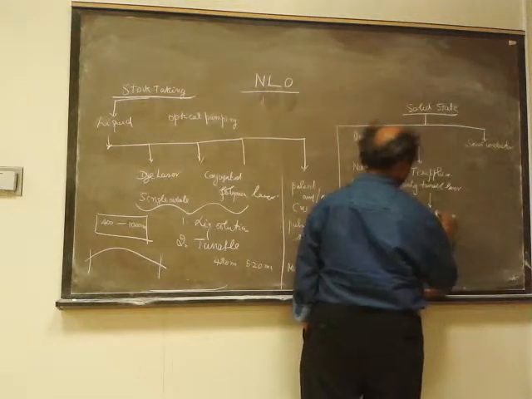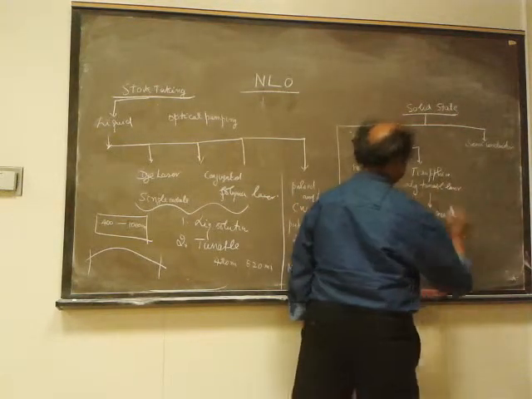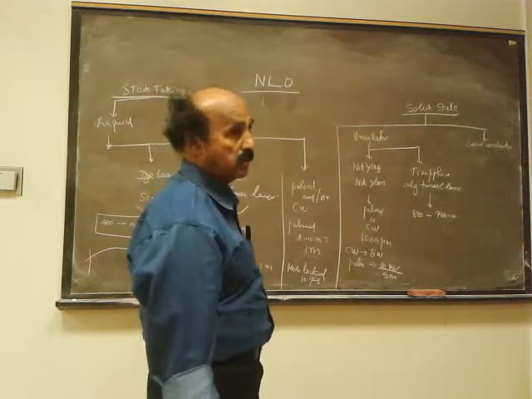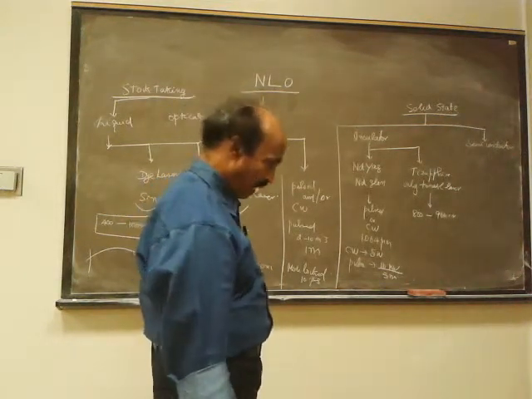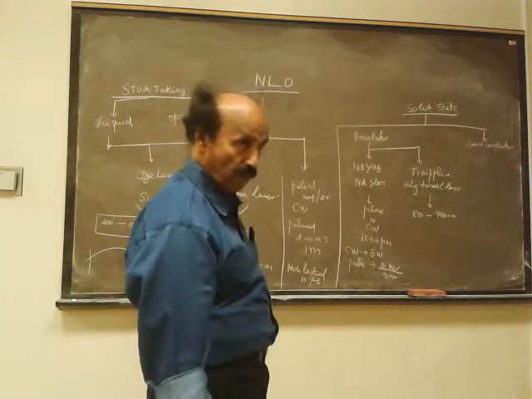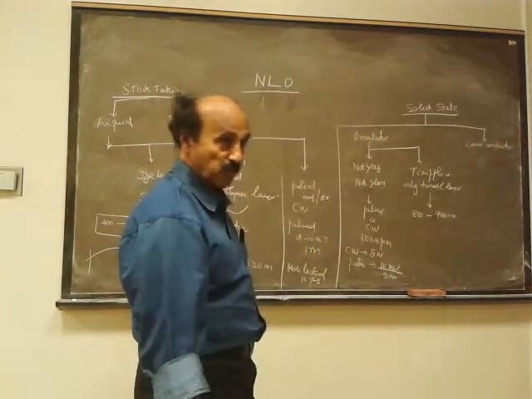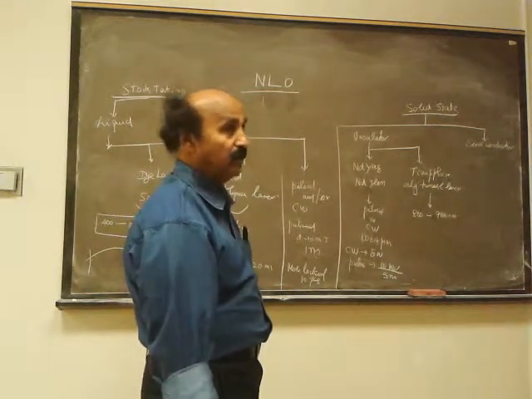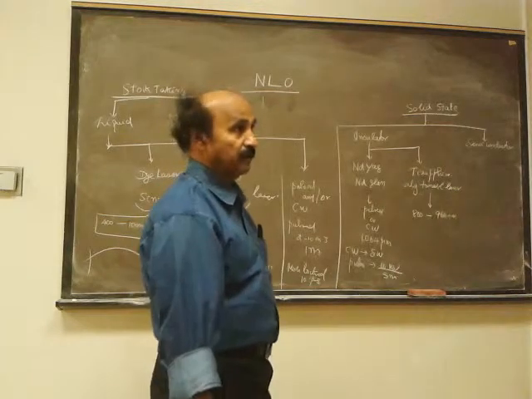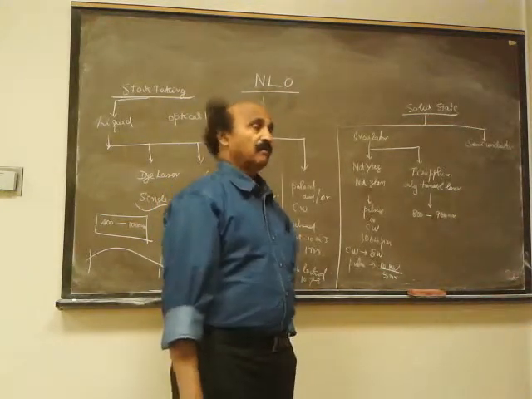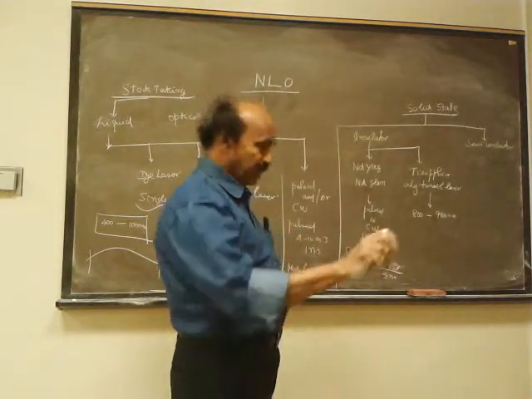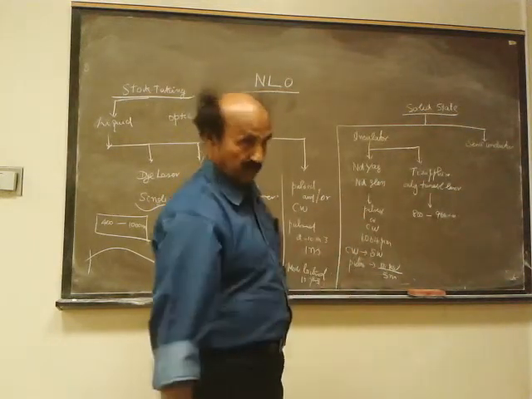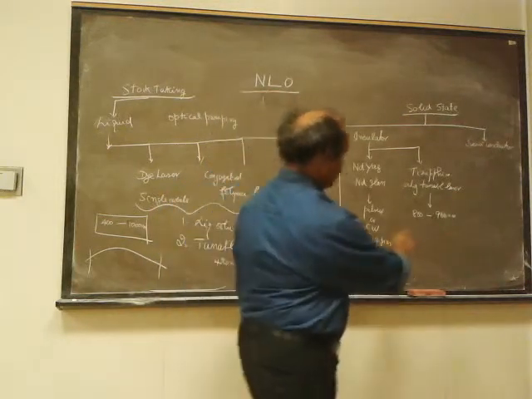Is there any process to do this, or can we control it easily? I shall explain. You can tune it like you tune your radio. How it is done, I shall explain. Okay. We will come back to this one.